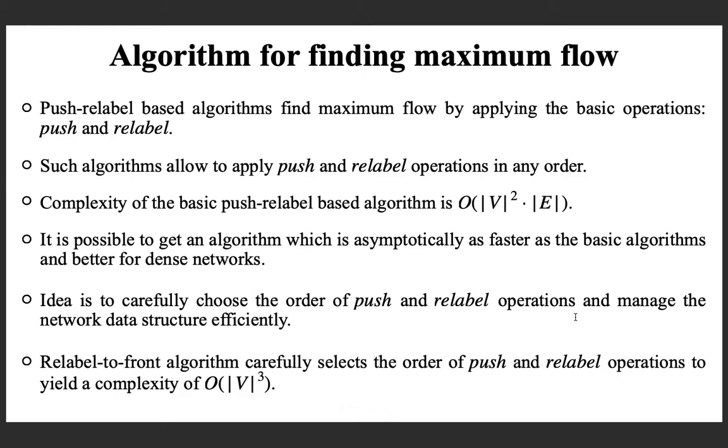The relabel to front algorithm carefully selects the order of these operations to get a complexity of order n cube, where n is the number of vertices. So it is cubic in the number of vertices. For the generic algorithm, for a dense network with all the edges there, this could be the number of vertices to the power 4, but this is only to the power 3.